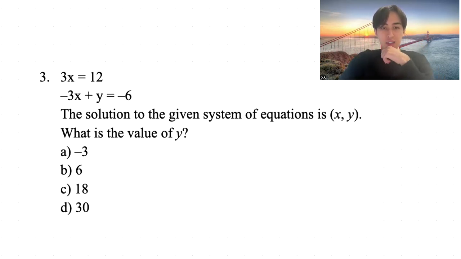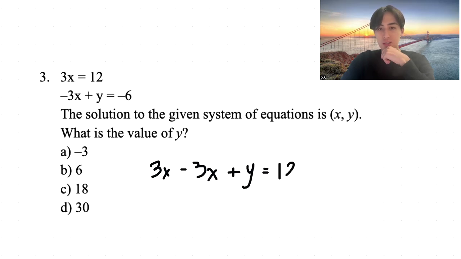So 3x minus 3x, right? The 3x from the top, the negative 3x from the bottom, and then the plus y from the bottom equals 12 minus 6. So this way, you combine the two into one equation.